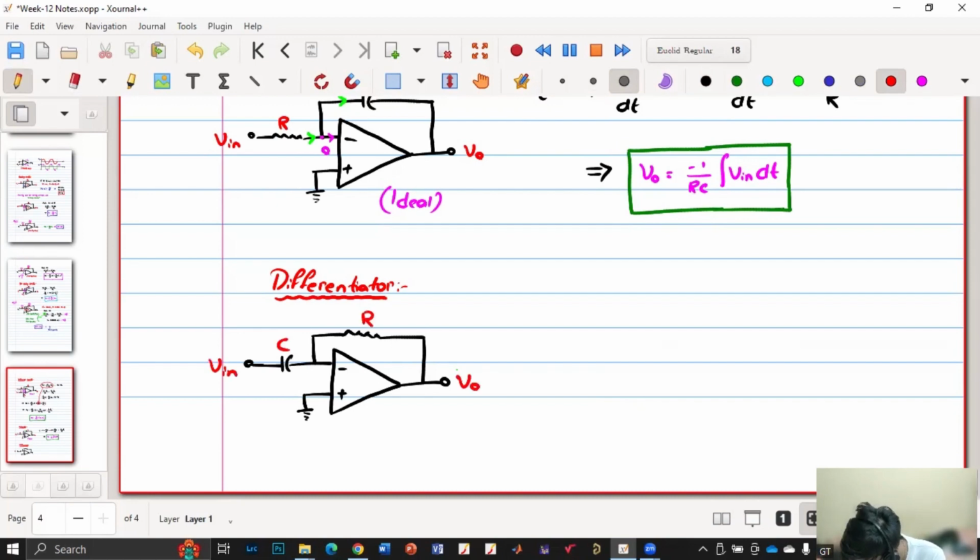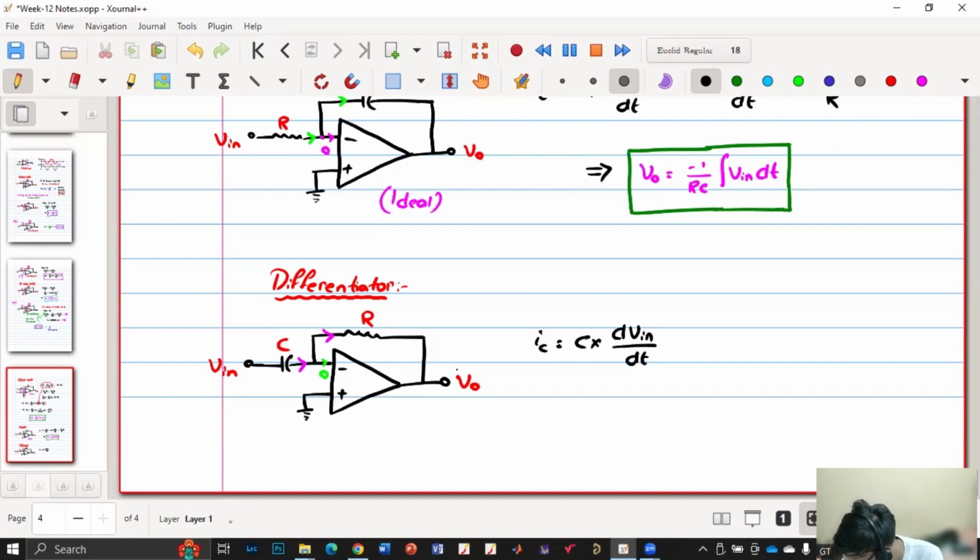Again, this current is 0. So whatever current is flowing here will flow here. Now IC is equal to C dVc by dt. Now Vc is V in, right? V in minus 0 by dt.